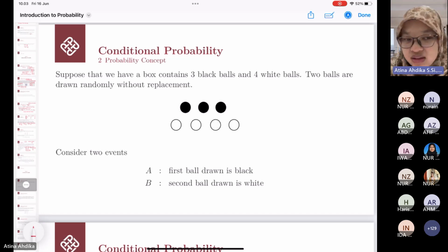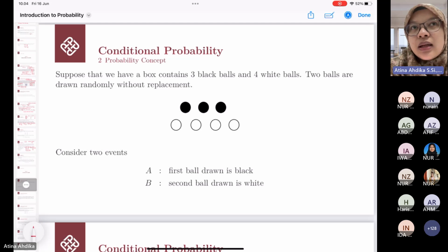First, consider we have two events here. The first event, call it A, represents that the first ball drawn is black. So imagine that I take a black ball. And the second event, event B, represents that the second ball drawn is white.